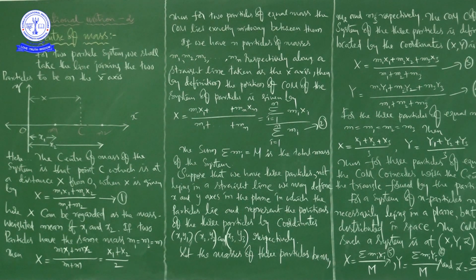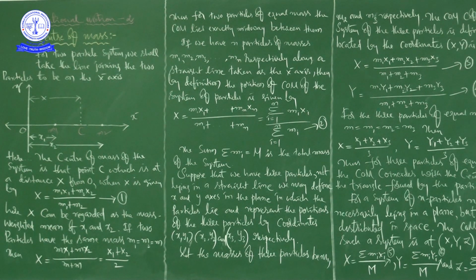You can write this mathematically using a summation symbol: sigma i is equal to 1 to n mi xi divided by sigma i is equal to 1 to n mi.